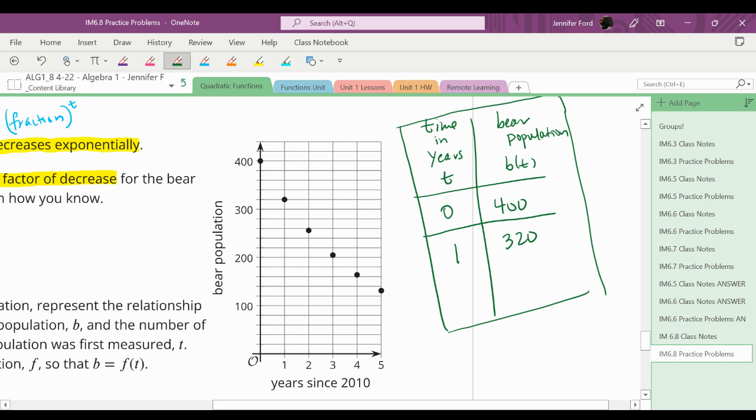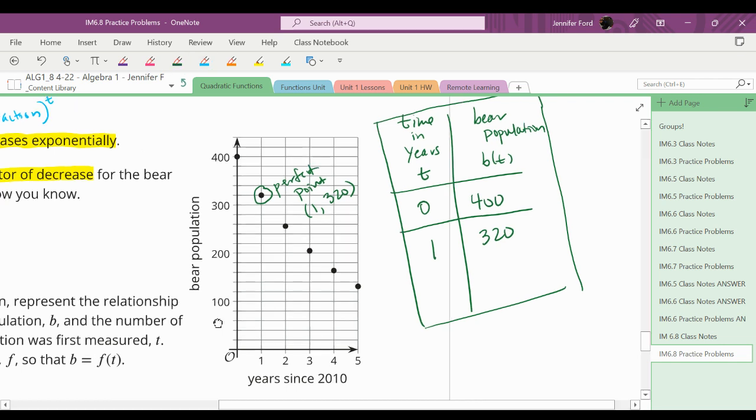And then at year 1, there's 320 bears, because this to me looks like a perfect point, exactly 320. Input first. Input is 1. 1 year, 320 bears. Okay.